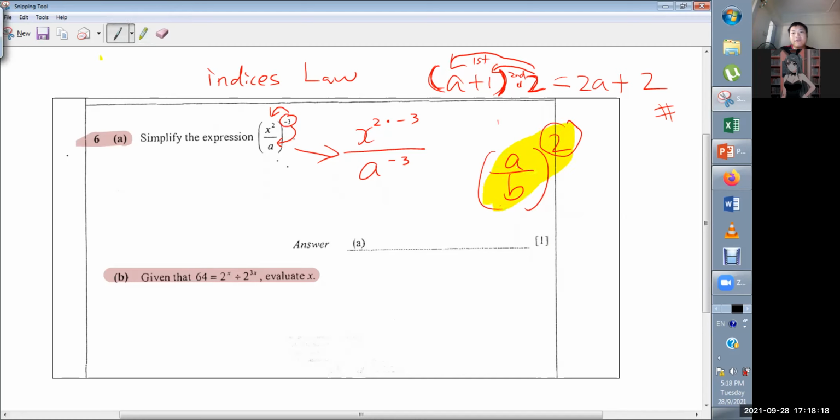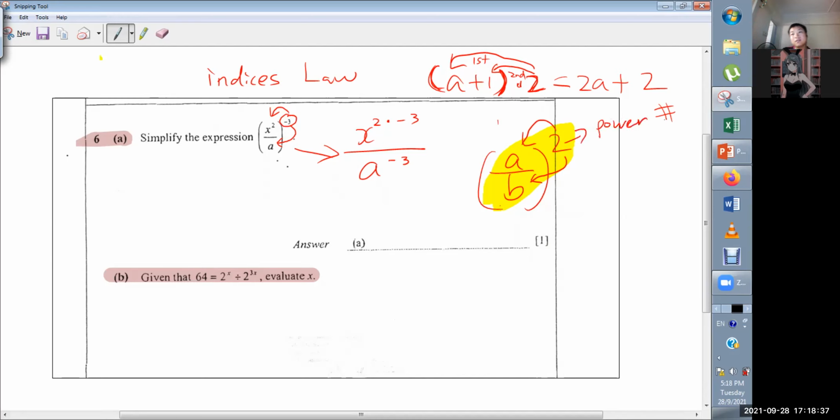So if you have this a over b bracket to the power of 2, in fact, just now what we said, by using indices law, the 2 should go into both, right? By the way, the 2 here is a power 2. This 2 is a power.